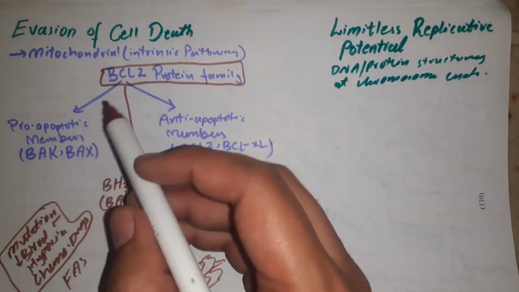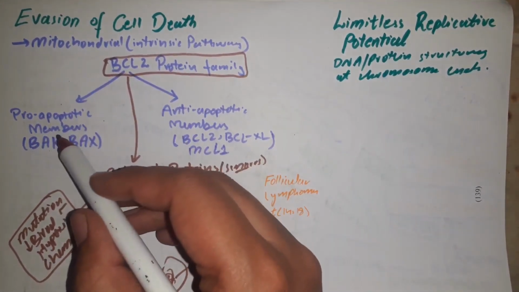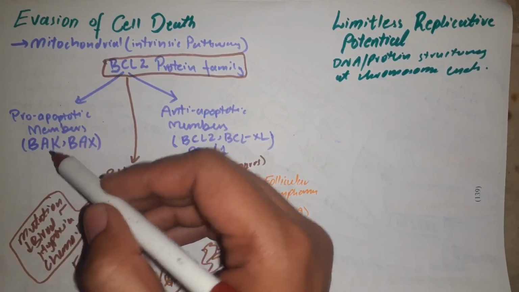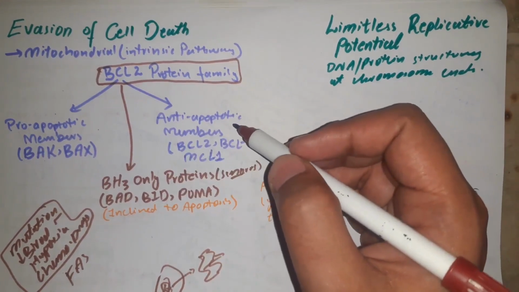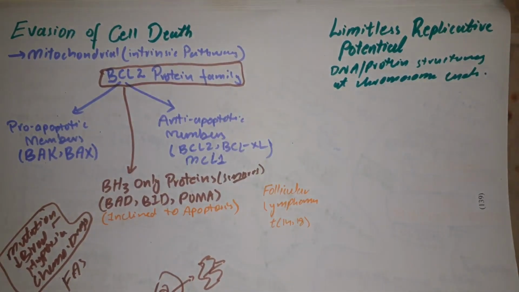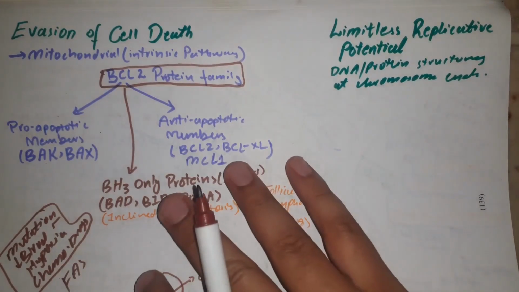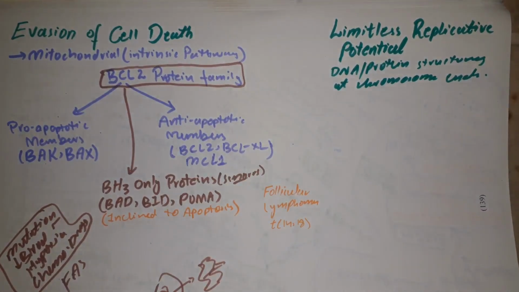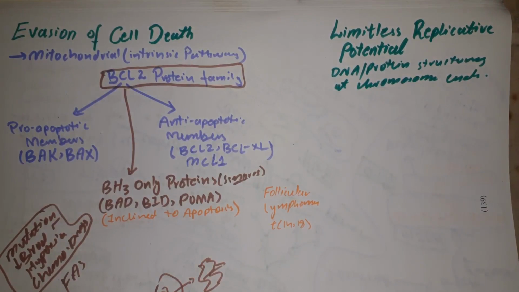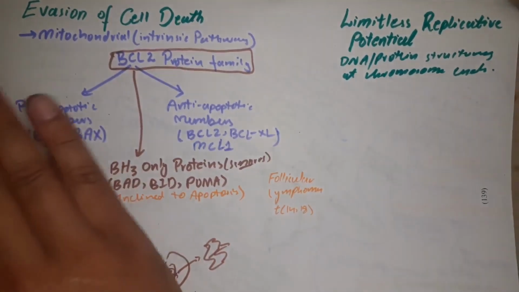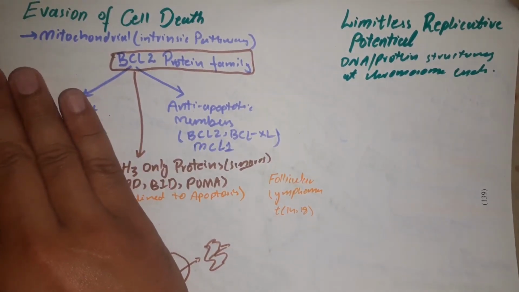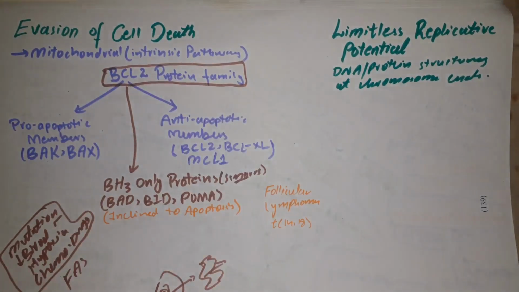So when there is a balance in favor of pro-apoptotic members, when they become active, there will be apoptosis. When anti-apoptotic members are active, or the balance is towards anti-apoptotic members, there will be no apoptosis. So what should be the basic goal of cancer cell here, to avoid apoptosis? They want to inactivate pro-apoptotic proteins, and they want to upregulate anti-apoptotic proteins.